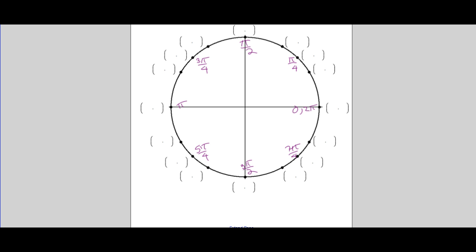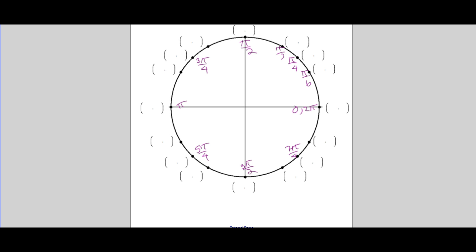Okay, now let's split it into 12 pieces. So 12 pieces is 1 pi over 6, 2 pi over 6, but how am I going to write 2 pi over 6? 1/3, pi over 3. 3 pi over 6.